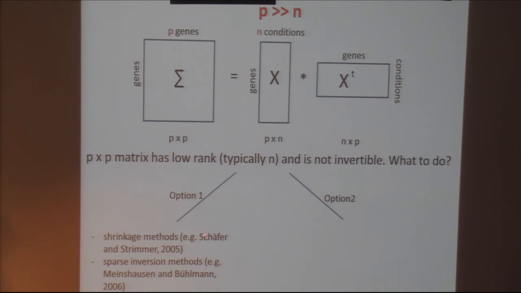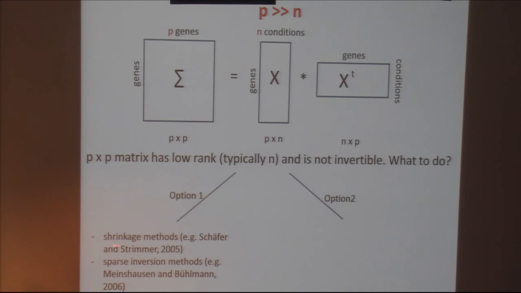So option 1, the more statistically inclined among you will know about shrinkage methods. Maybe actually the first thing that you say is, oh, I know how to invert singular matrices. Yeah, we can use a Penrose inverse. We can use the singular value decomposition. That's not a problem. Yes, all these things are doable. They do not work particularly well.